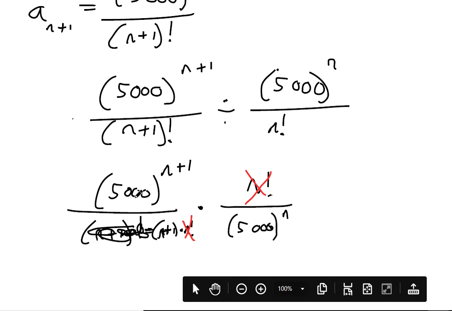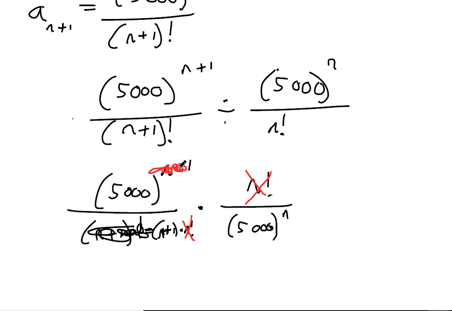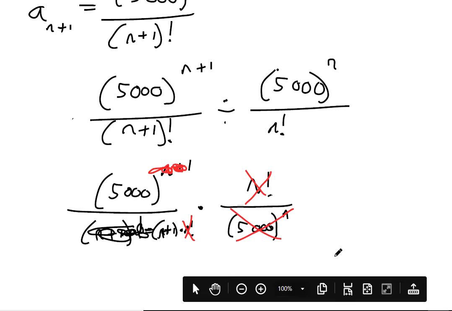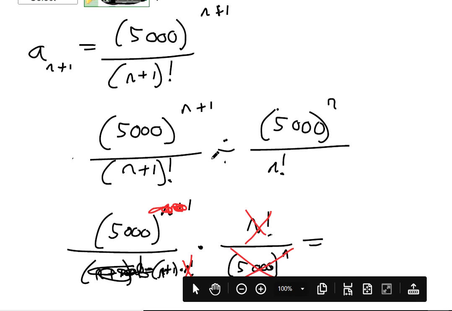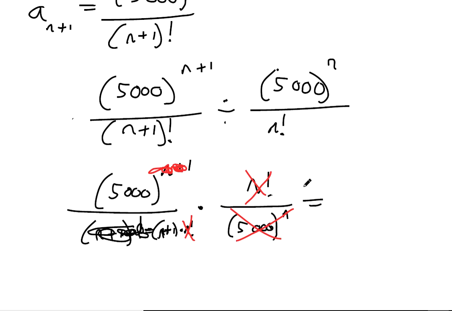And we have 5,000 to the n plus 1 divided by 5,000 to the nth. So that's just going to leave us with 5,000 to the first power in the numerator. So for the first question they're asking us for, we just found out that the a sub n plus 1 divided by a sub n, the next term divided by the current term, is 5,000 over n plus 1.